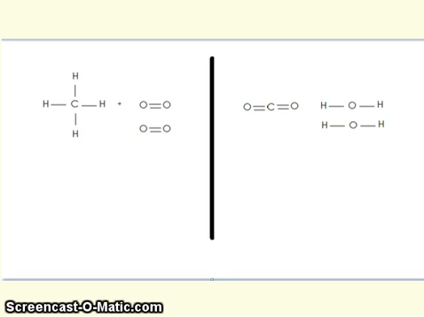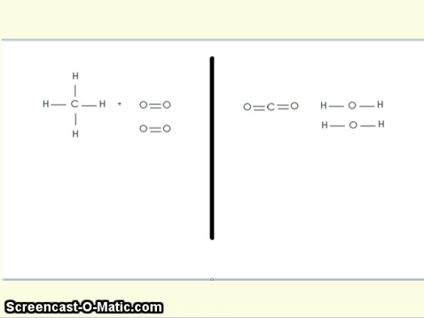On the right-hand side, you are making 2 C=O double bonds, and you're making 4 O-H bonds. It quite often helps to draw out the structures in this way before you tackle a problem, so that you can make sure that you're including all the bonds that are being made and broken.